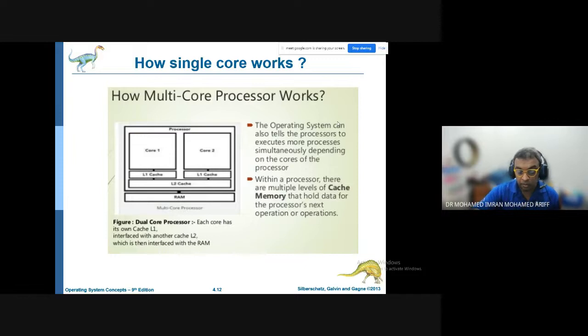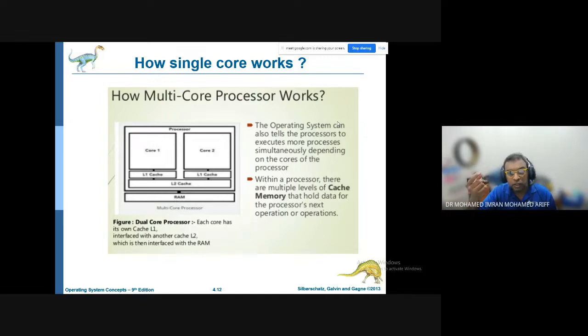So my PC is an i5 core. What does this mean? This means I have 2 cores running at one point of time, so I can run multiple processes at one point of time. But some people will ask why it's not, because you're running only two processes.